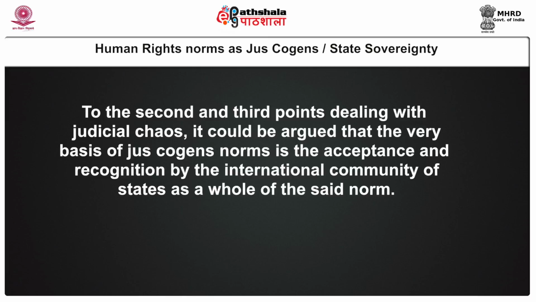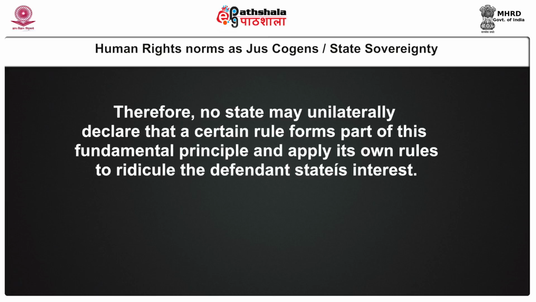Now, to the second and the third points dealing with judicial chaos, it could possibly be argued that every basis of jus cogens norms is the acceptance and recognition by the international community of states as a whole of the said norm. Therefore, no state may unilaterally declare that a certain rule forms part of its fundamental principle and apply its own rules to ridicule the defendant state's interest.